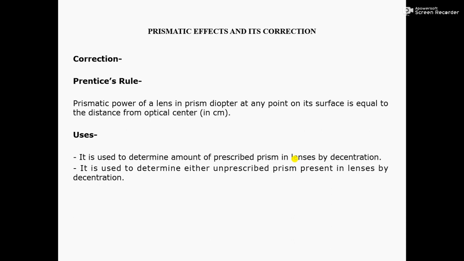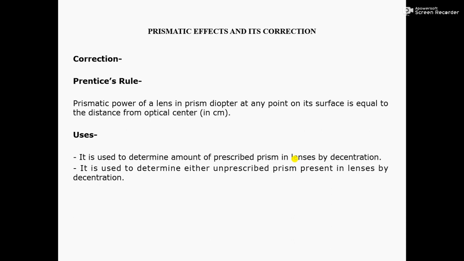Uses: it is used to determine the amount of prescribed prism in lenses by decentration. It is also used to determine unprescribed prism present in lenses by decentration. Here we will determine the amount of prism by this Prentice's rule.